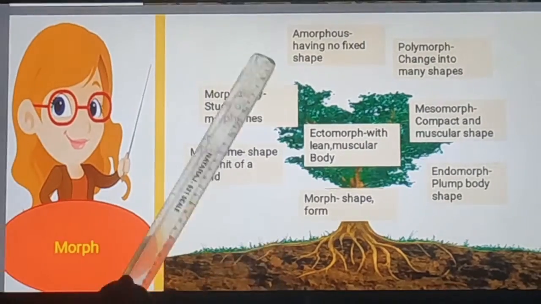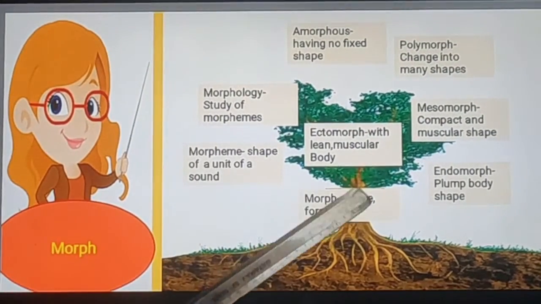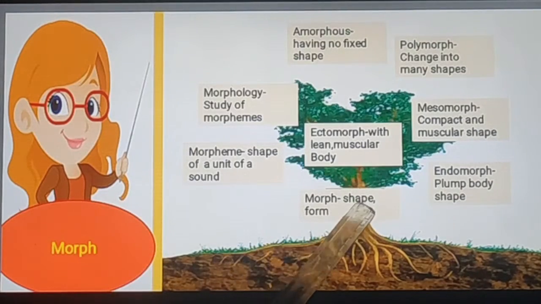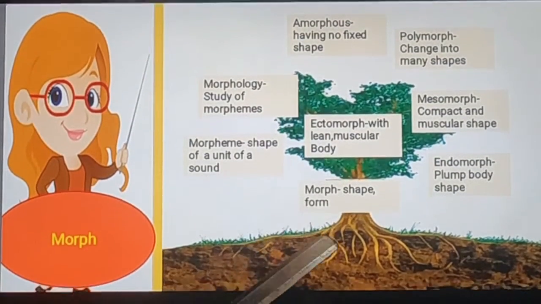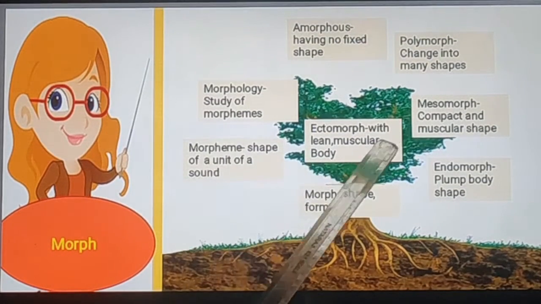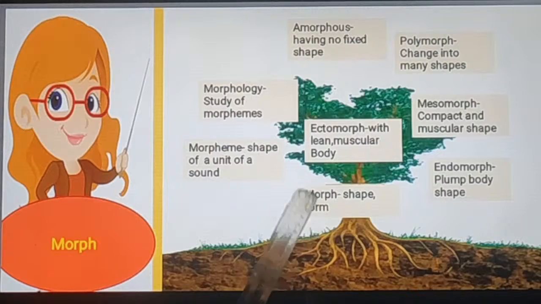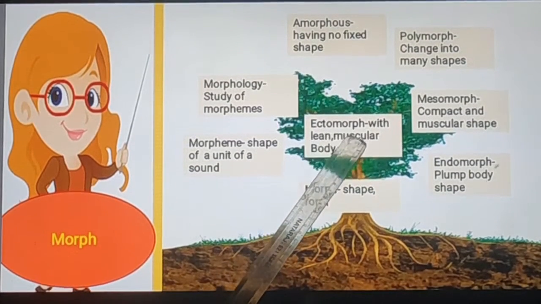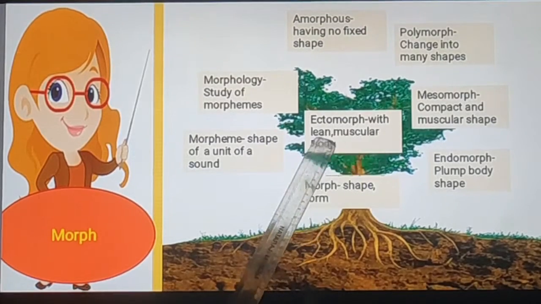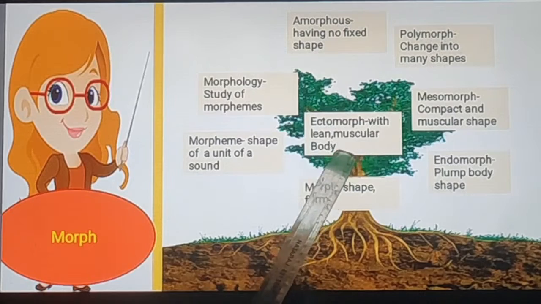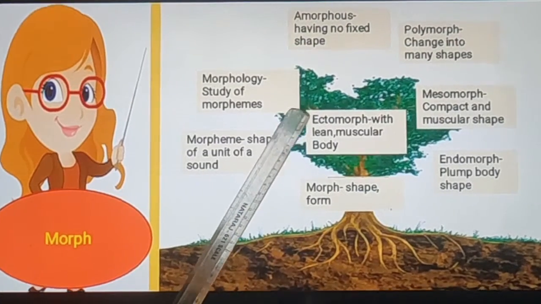Now look at the related vocabulary. Morph means shape or form. These words are also based on the root word. Look at the first one: ectomorph. Ectomorph means a lean and muscular body. Lean means a very thin person.